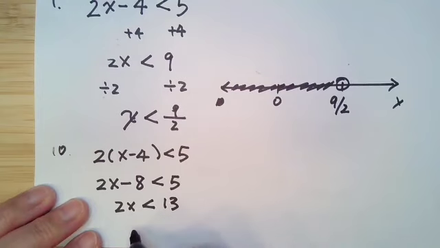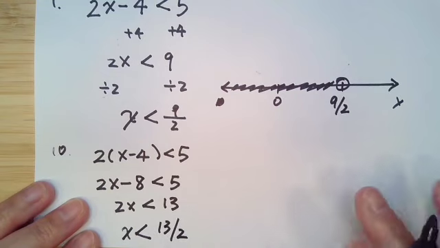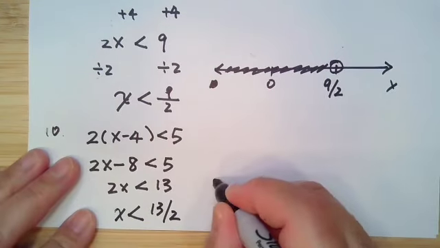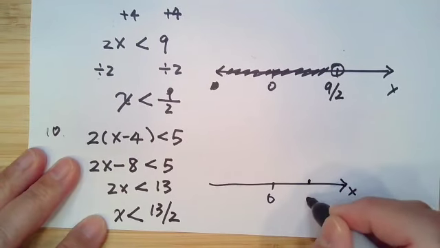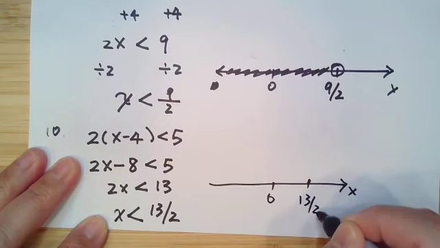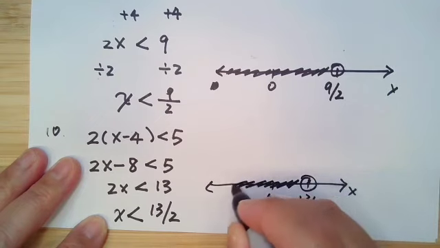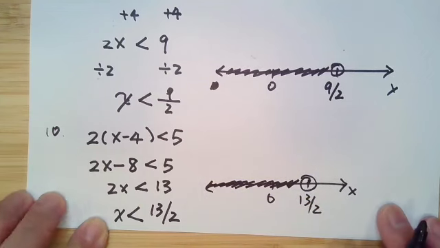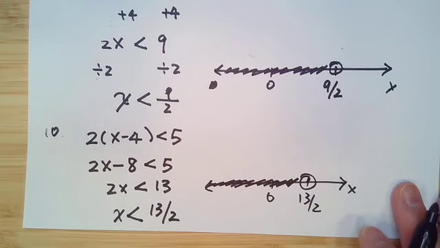So you have x is less than 13 over 2, or 6.5. So here is 0, here 13 over 2, and then less than that, so it's a circle, and then you mark to the left of it. All right, so this is example 10.